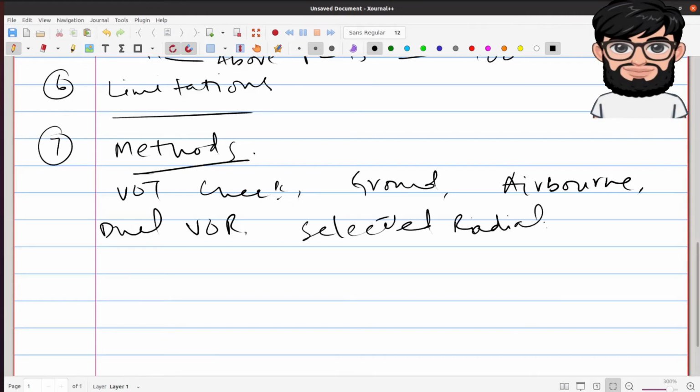Mostly they are plus or minus 4 degrees. With these checks, you can be accurate up to plus or minus 4 degrees.